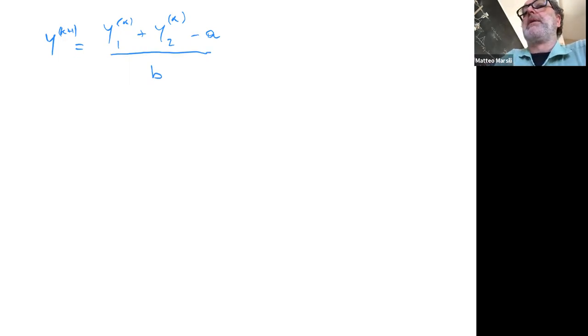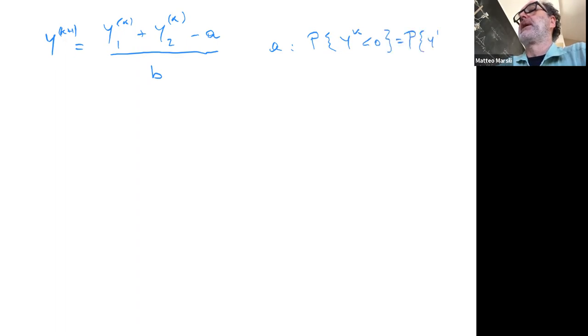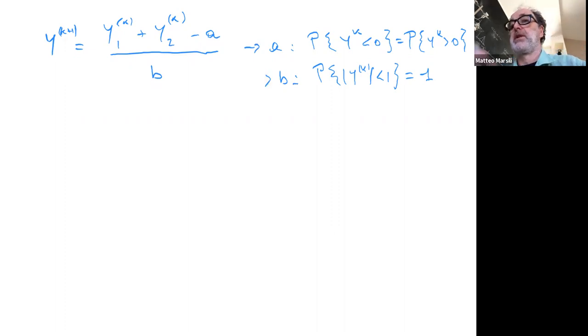For example, you can choose A in such a way that the probability that y_k is less than 0 is equal to the probability of y_k being larger than 0. And you can choose B in such a way that the probability that y_k is smaller than 1 in absolute value is equal to 1/2. This is one way of choosing how to center and scale your variable so that the scale and the location of the distribution of the variables y is always the same.